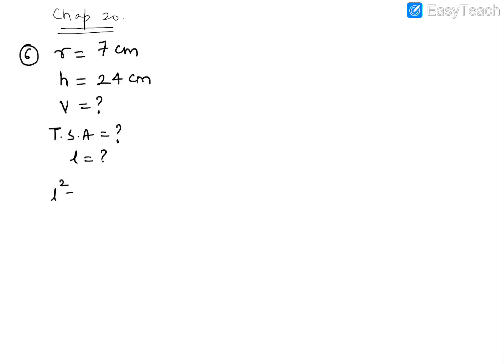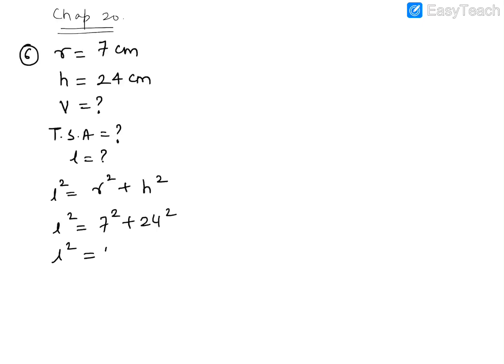So L squared is equal to, I'll write the formula first, L squared is equal to R squared plus H squared. What's the radius out here? 7 squared. What's the height? 24 squared. So L squared is 7 squared plus 24 squared.